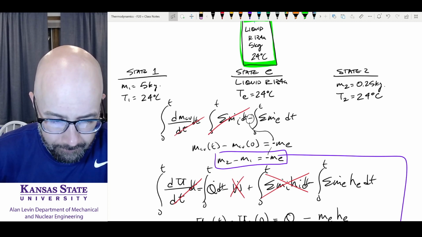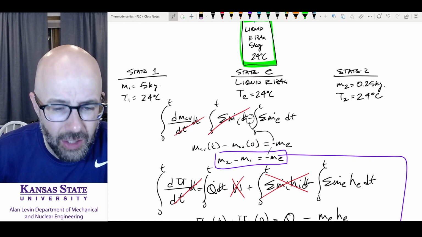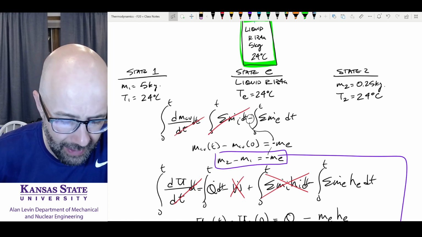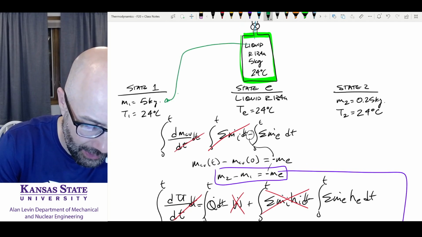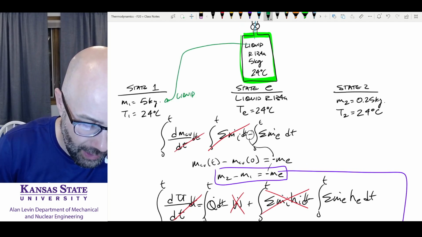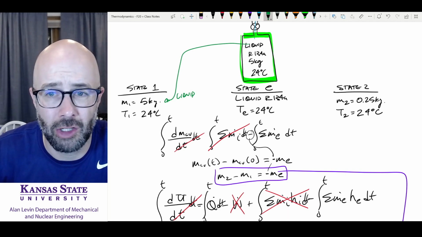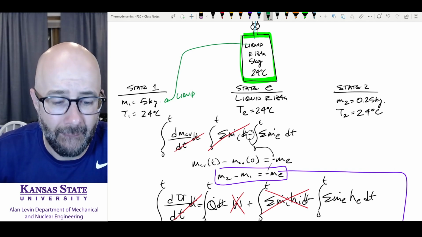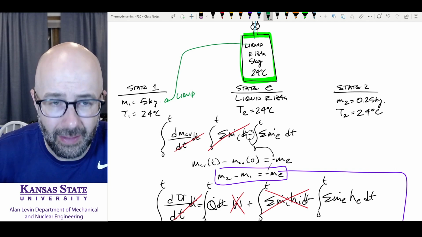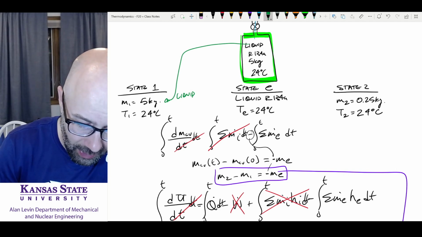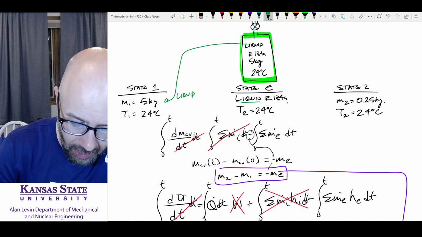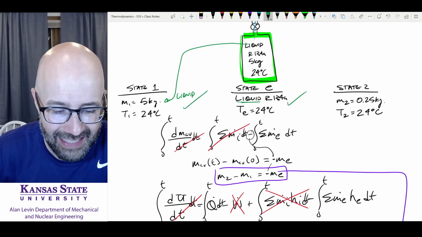Well, I know state 1 is all liquid, because it says here liquid. So for state 1, I can do the liquid approximation, absolutely. And I know what's leaving: I said only liquid leaves. So this one is liquid too, and I can do the liquid approximation. So these two are pretty easy to deal with.